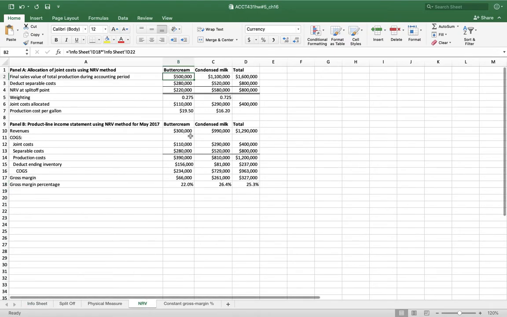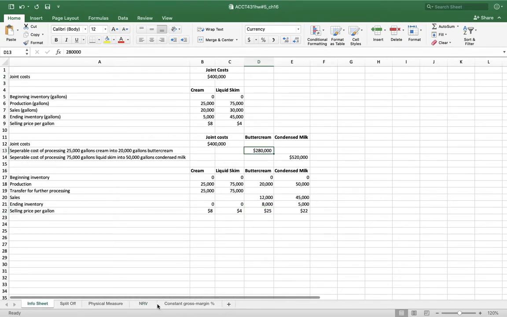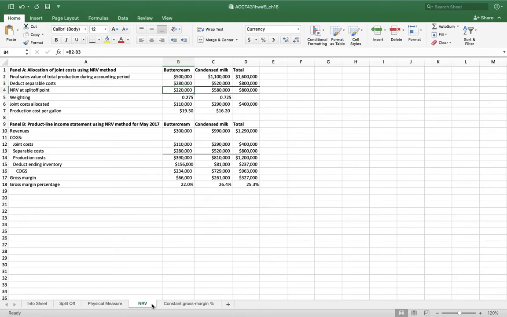The separable cost, which is next, is just given on the info sheet over here, 280,000. And this is just the difference between the final sales value and the separable costs. To get the weight, you do the same general calculation, but it's the NRV at the split off point divided by the total.